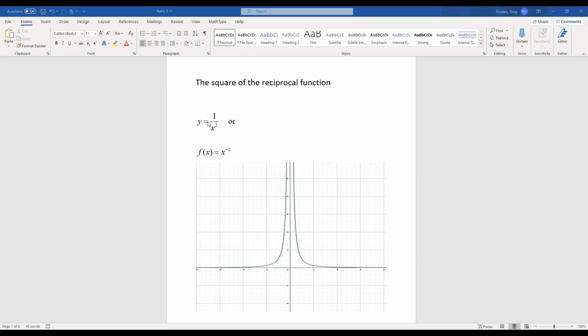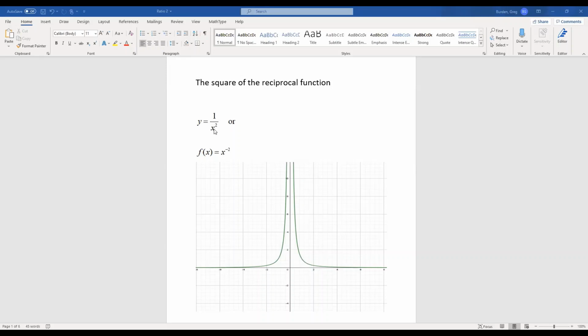There's some similarity to the y equals 1 over x function that I started the last video with, the reciprocal function. Because, well, if you take 1 over a number, you get a smaller number for the most part, as long as x is bigger than 1. And if you're going to square it, you're going to get a similar sort of thing.